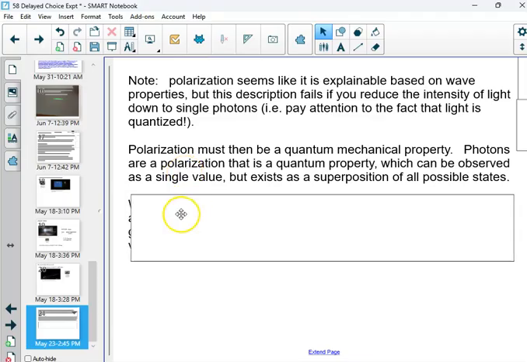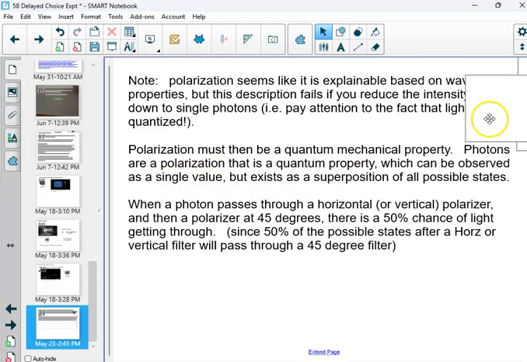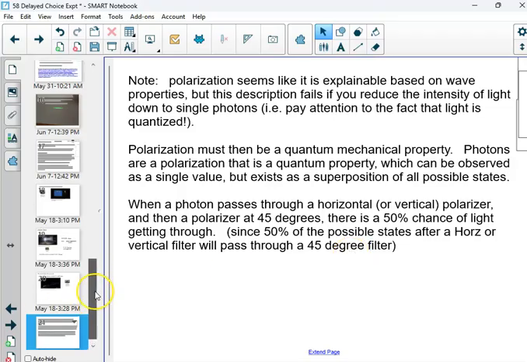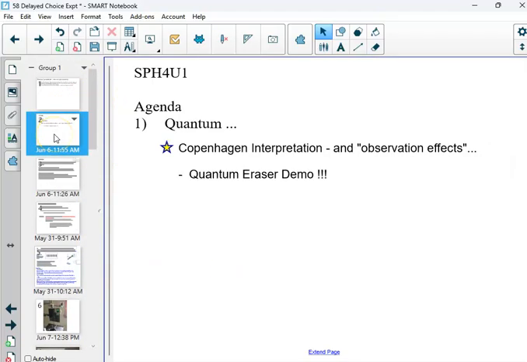It's not just the direction the light is waving as a wave. So photons are polarized as well, right? And all those different polarizations exist in all possible states and so on. So those are interpretations of things, I guess, but that is the quantum eraser or delayed choice experiment.